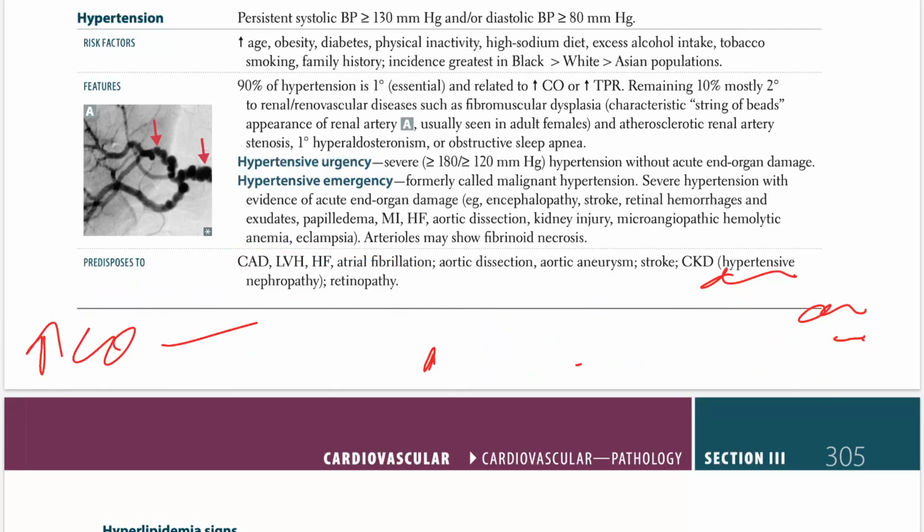Increase in cardiac output is due to the fact that you have some problem that is causing the CO to be high. What is the problem? The problem could be you have aortic regurgitation, or you could have some systemic causes. Systemic causes are your anemia, hyperthyroidism, so increase in thyroid.